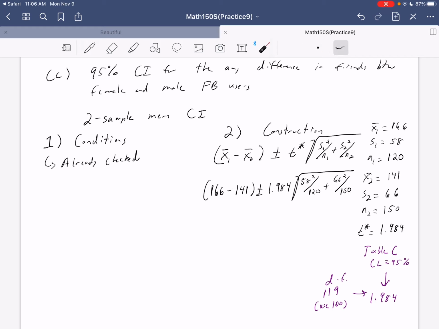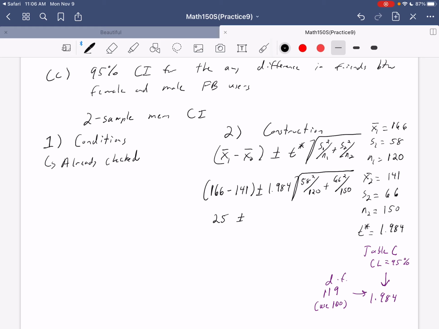Most of the time we just go straight to the margin of error, but this time we also have to handle the point estimate. So let's do that subtraction. 166 minus 141, that's 25, plus or minus. Now we can type this part in: 1.984 times the square root of 58 squared divided by 120 plus 66 squared divided by 150.